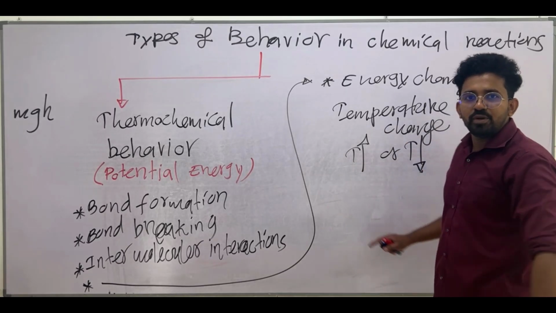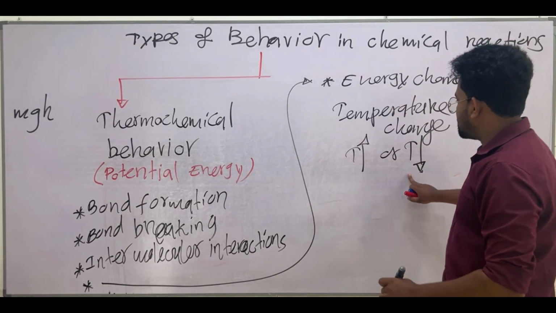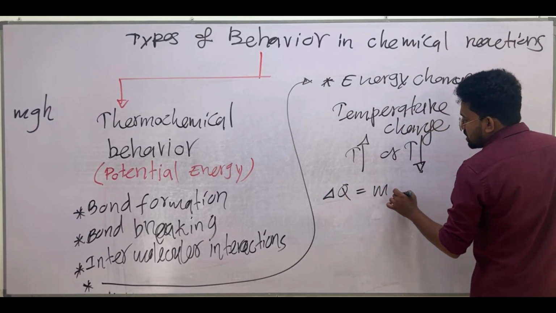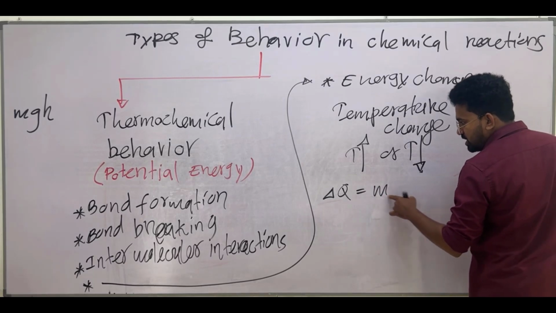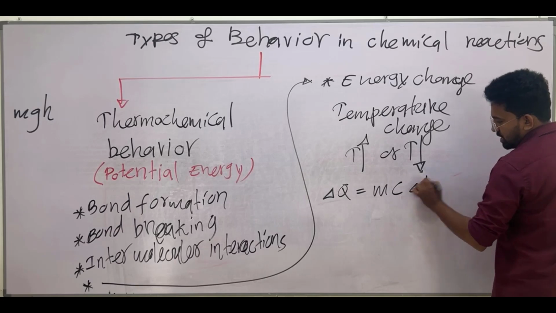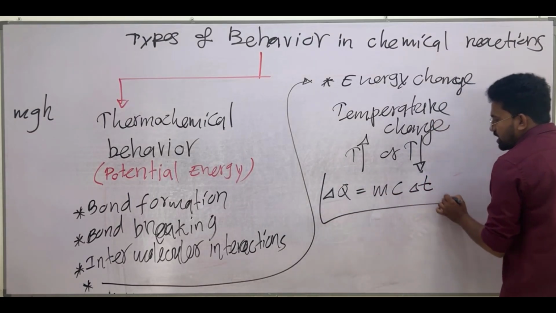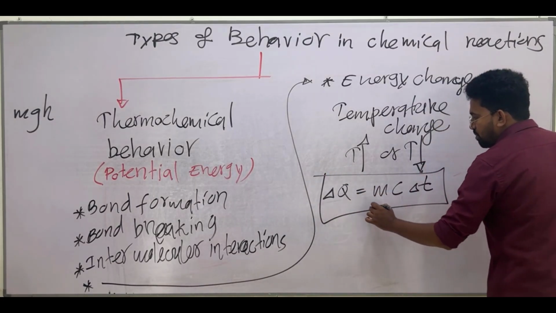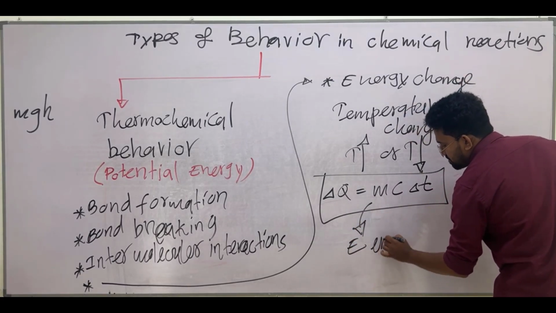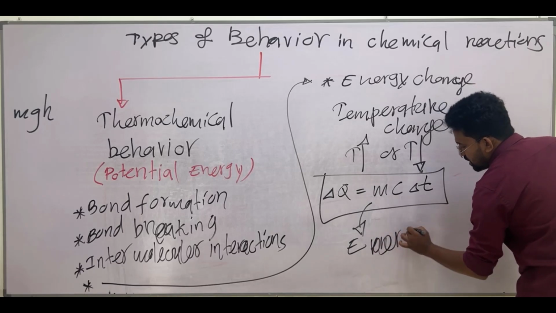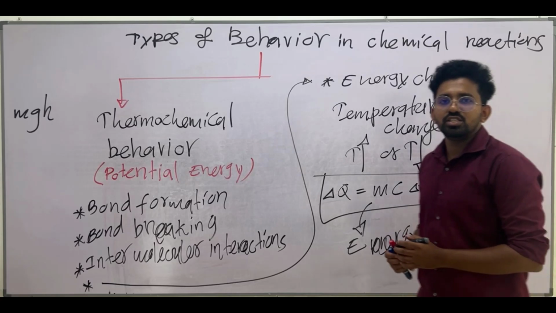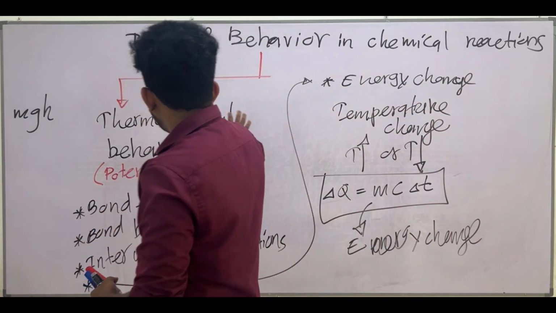By measuring the temperature increase or decrease, we calculate the thermal energy by using delta Q is equal to mc delta T, and then we get the energy. So by using this equation, we measure the energy change. That is how we measure the energy change in thermochemical behavior.